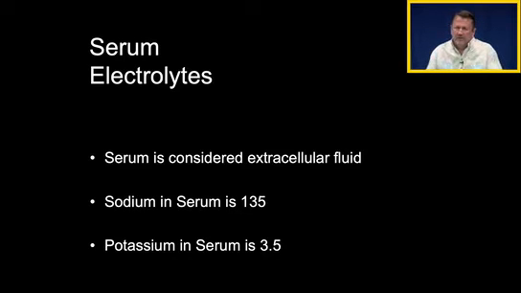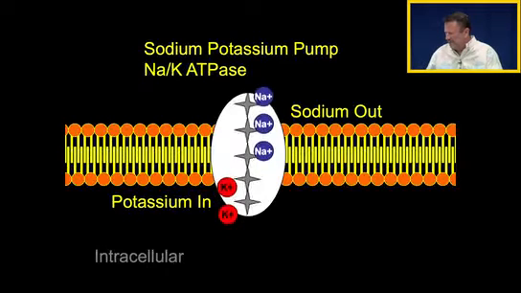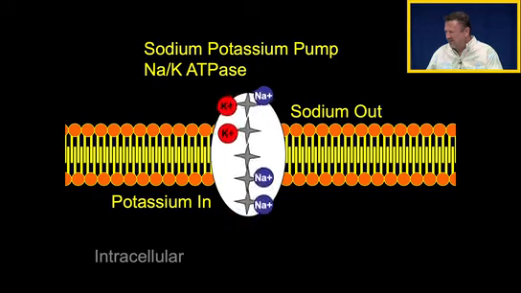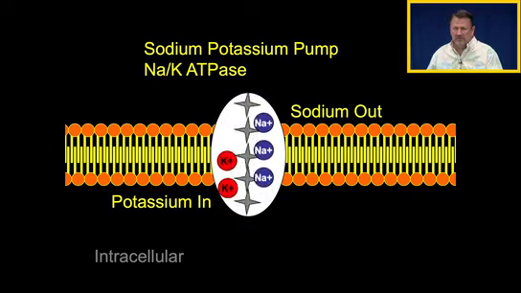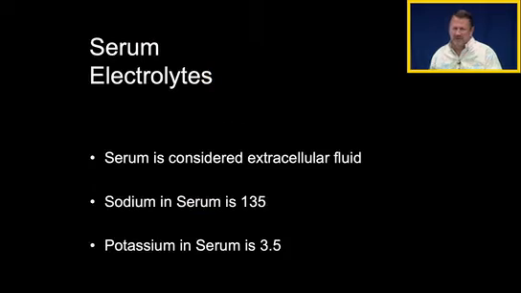All right, so serum is an extracellular fluid. Remember, we're pumping sodium out of the cell and into the extracellular space, and we're doing the opposite with potassium. That's why sodium in the serum is 135, and potassium is really, really low. Why? Because potassium is intracellular.